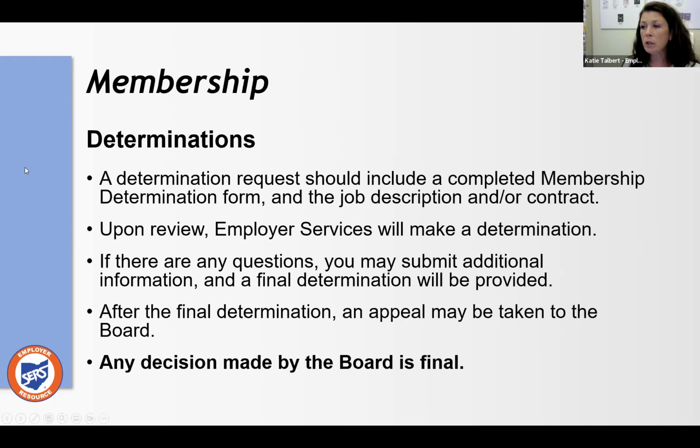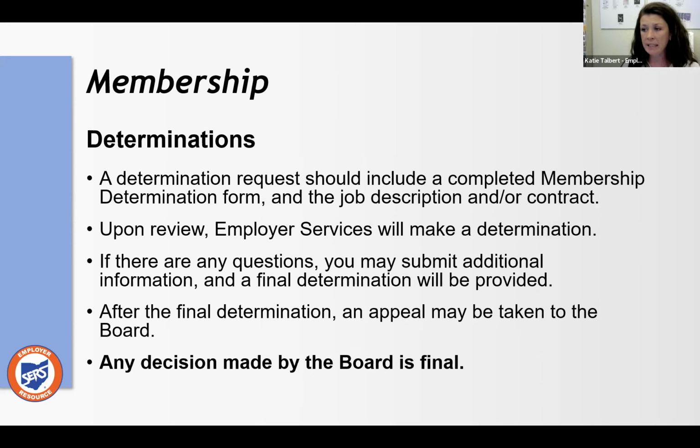For membership determinations, when you have a question whether someone should be reporting to SERS or STRS, we will ask you to request a membership determination. We will ask for a copy of the job description and or the contract, and if needed, a membership determination form, which is on the employer site.